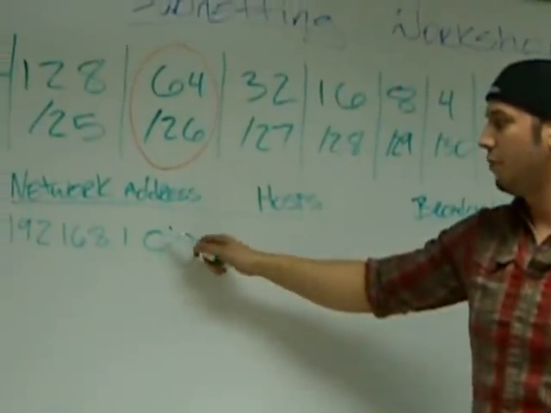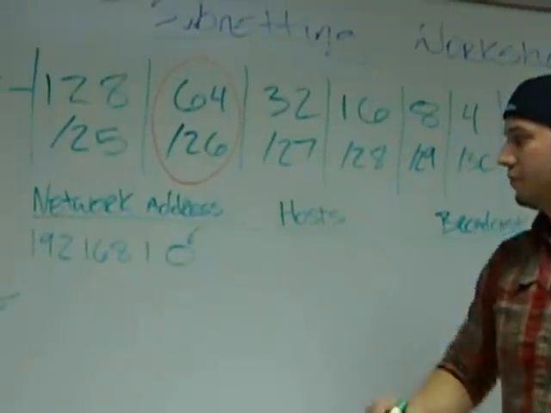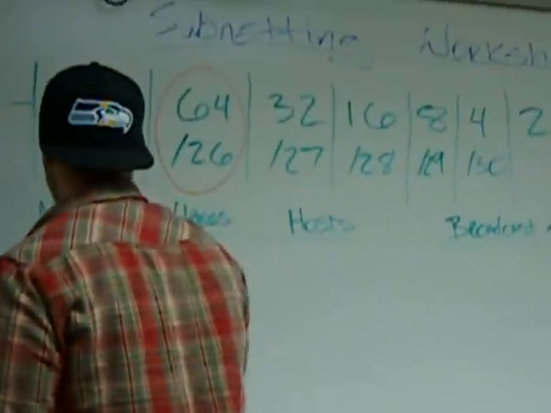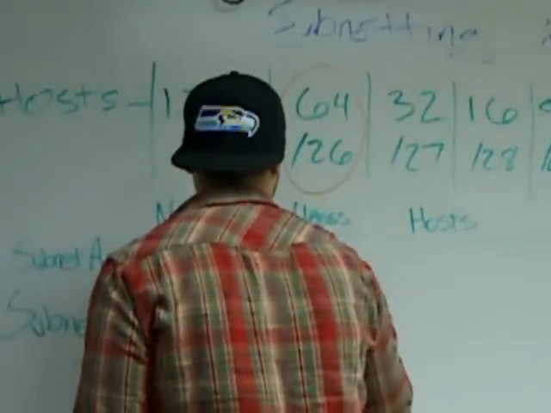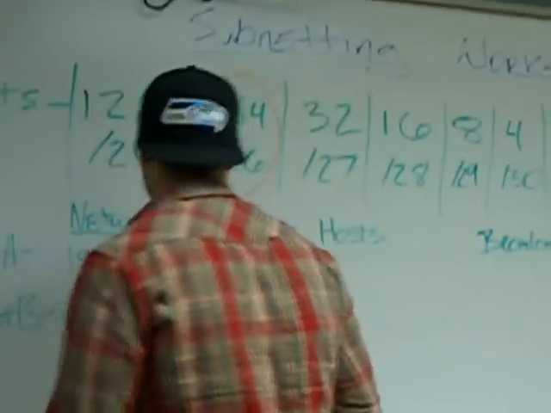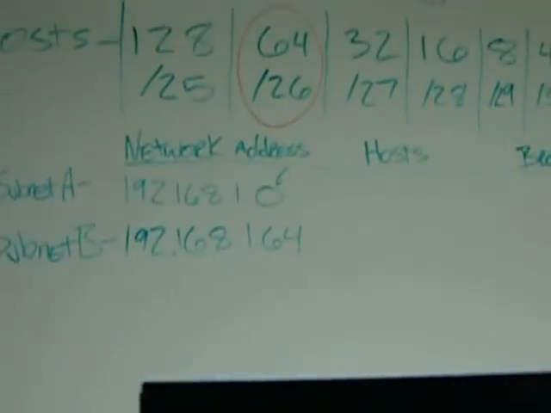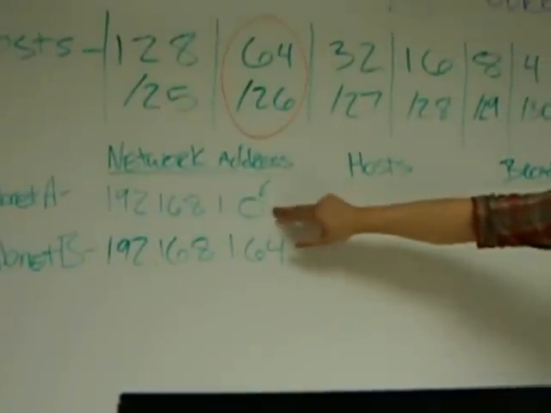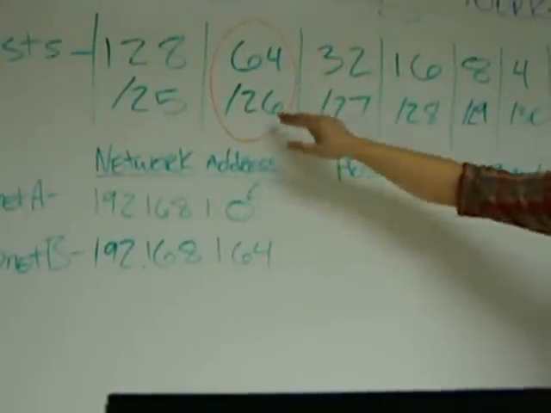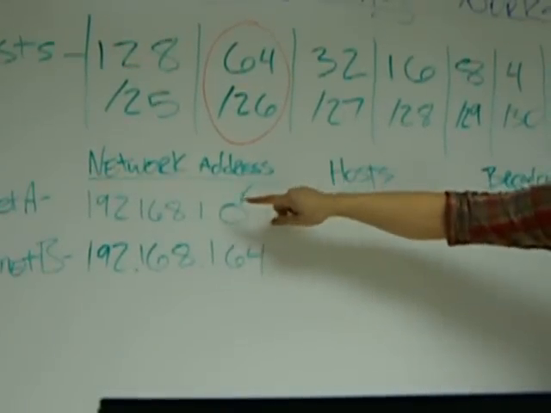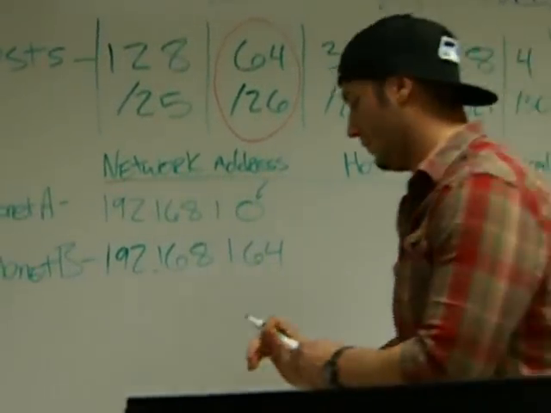What's 64 plus 0? 64. A little hard, I know. All you had to do, just get that last guy right there, and just add 64, which is what you're looking at because he wanted 50 hosts for that address, and that's that.